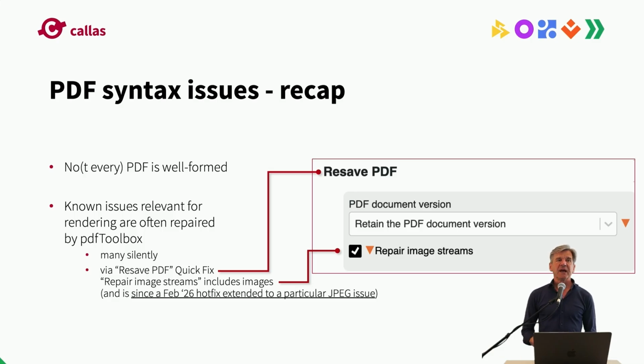Because we understand that, and it is not new, in pdfToolbox we try to repair known issues, severe issues that have an impact on rendering, whenever we know about them. We can't fix unknown problems, but we try to fix all known problems that we become aware of in support. That normally happens just silently when you apply some fix-up on a PDF file.